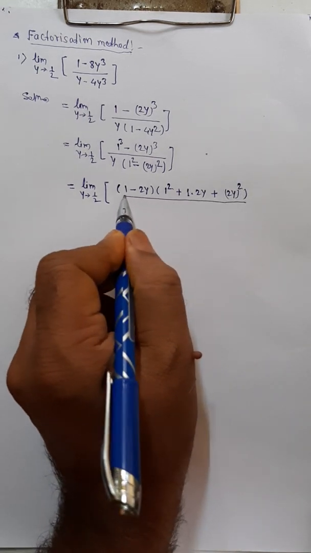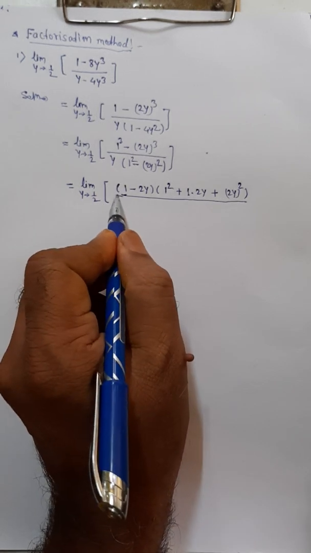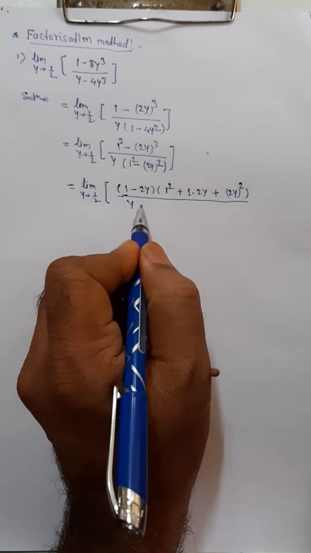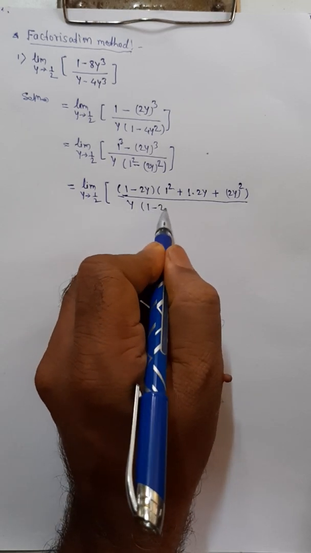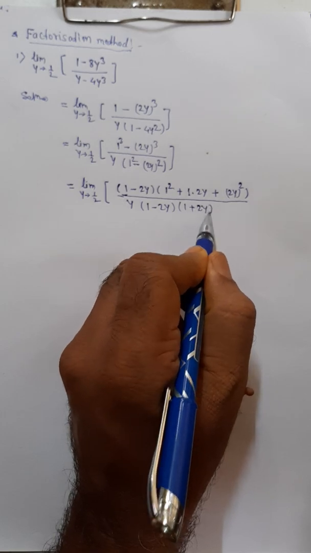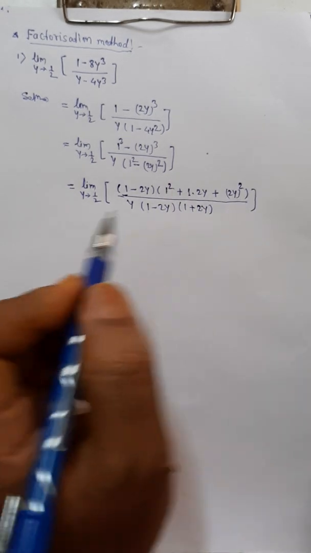divided by y, apply a square minus b square: 1 minus 2y, second bracket 1 plus 2y, bracket close.